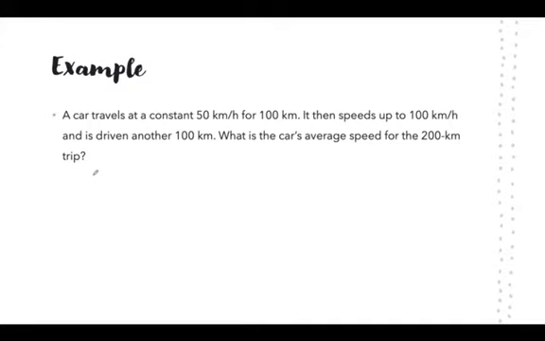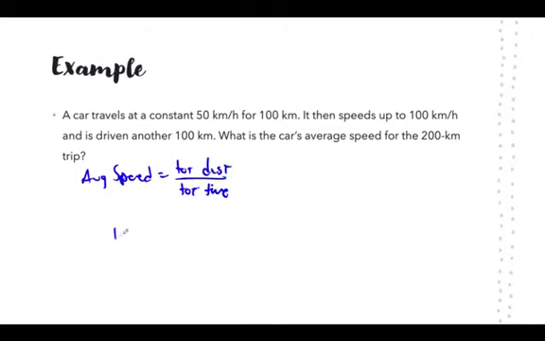All right, welcome back. So here, the example is asking us to find average speed. Average speed is equal to total distance divided by total time. Now, we know the total distance is 200 kilometers, but we do not know the total time.